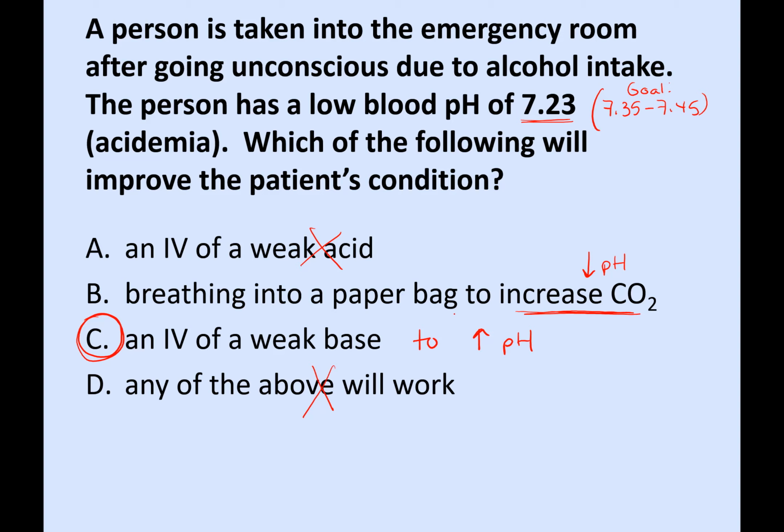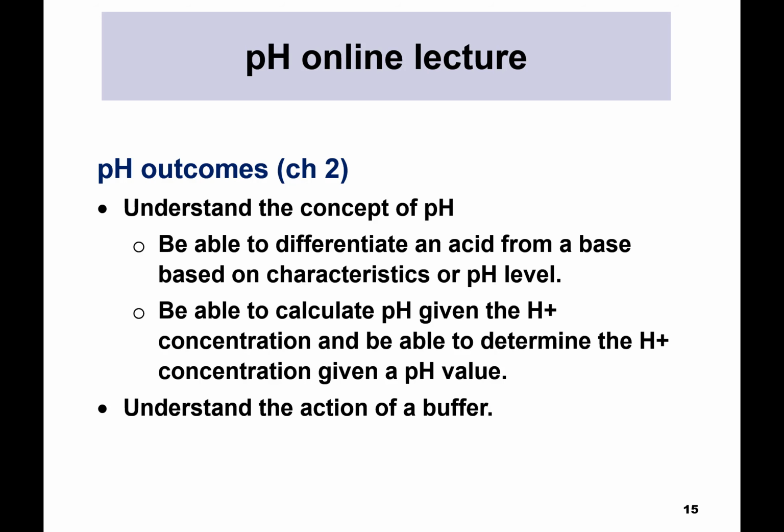But if you're breathing into a paper bag, you're going to increase that amount of CO2 because you're rebreathing, and that's going to make you more acidic. All right, so those are the information of pH and acids, bases, and buffers.